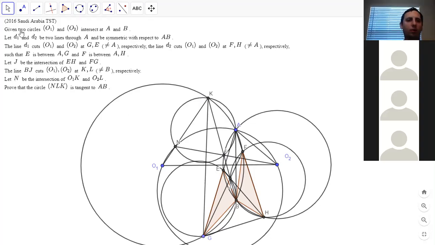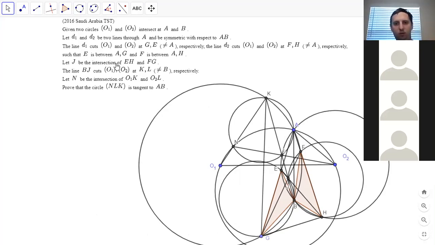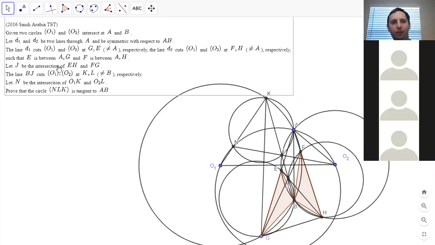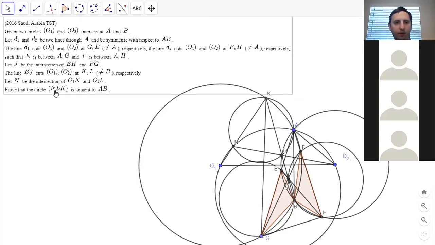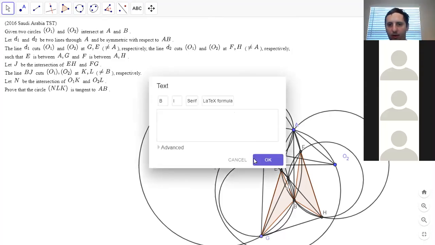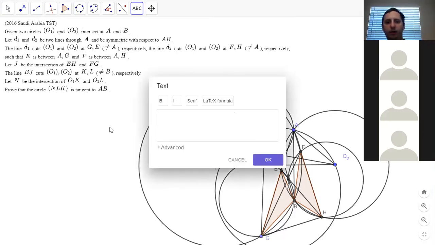Okay. So let me write that out. But we need also to prove, so we have that KALN is cyclic, but we also need to prove that it is tangent. Yeah. So I'm going to start writing up the first half, just showing that LA and K is cyclic. So you have angle NO1A is KO1A. Okay.